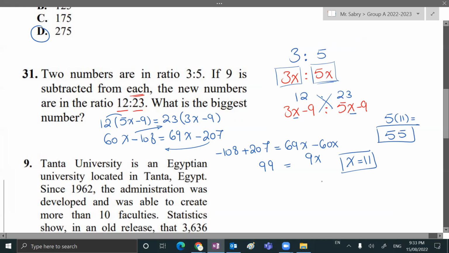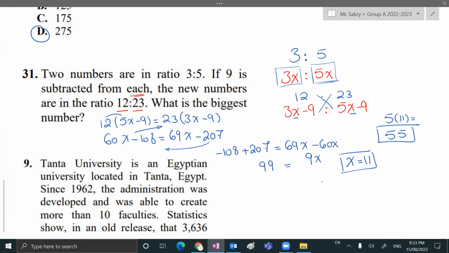It turns out I didn't understand the question. That's why I got the answer wrong. I answered with the two numbers that make up the ratio of 3 and 5. I tried to find the value of two numbers that have the ratio of 3 over 5, and if we subtract 9 we get the ratio of 12 over 23.